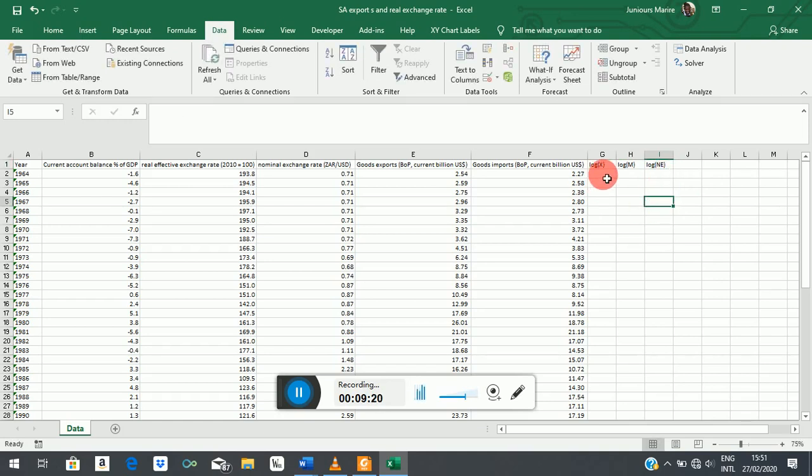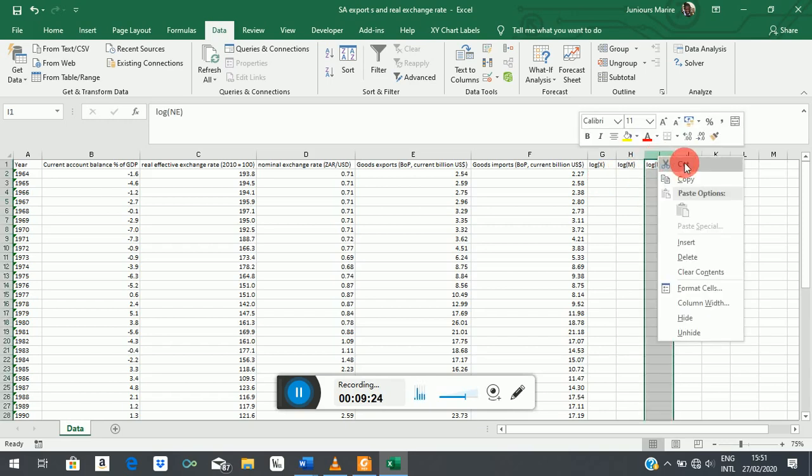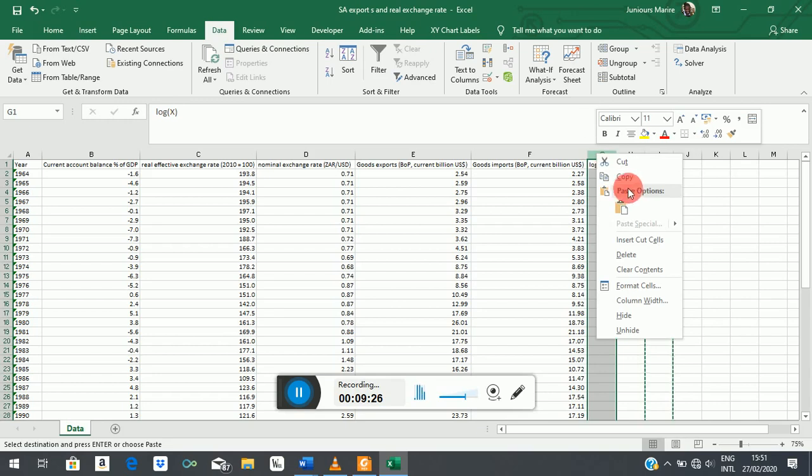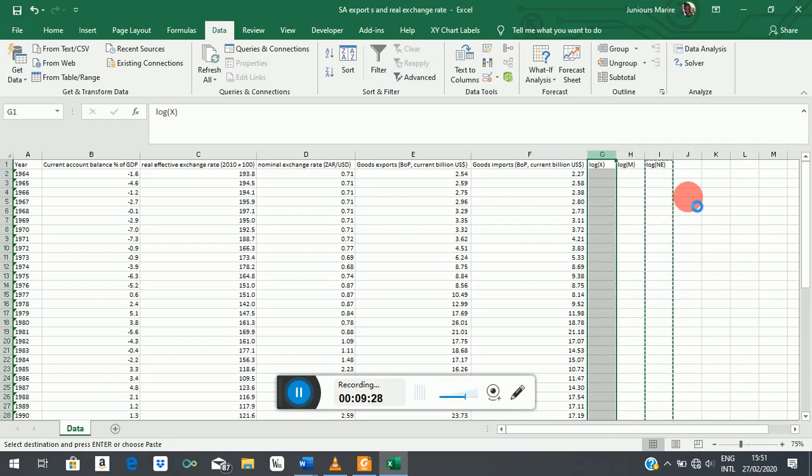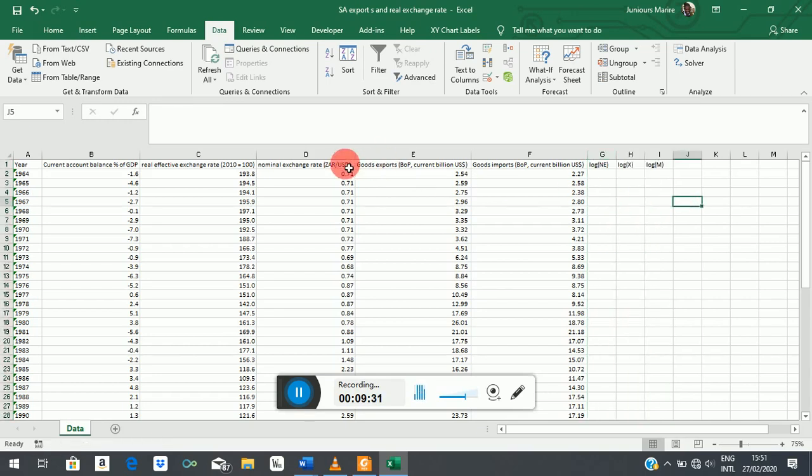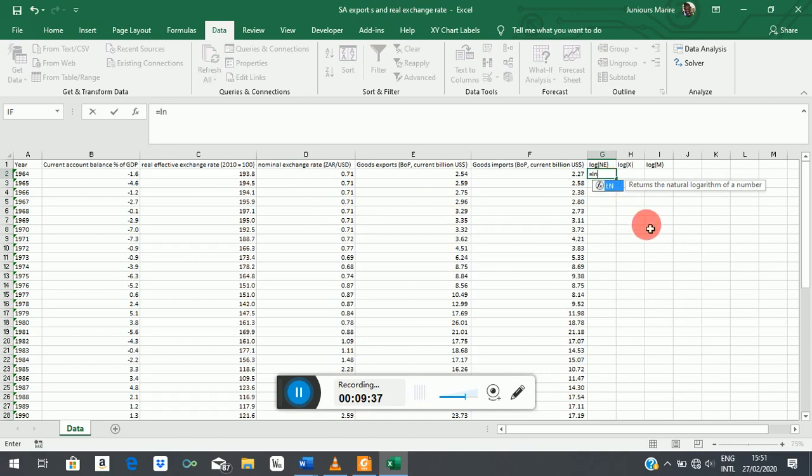So let me interchange these. I want to use a shortcut here. So I have nominal exchange rate, exports, imports. I'll come here, log, I pick that, the nominal exchange rate is here, I close that.